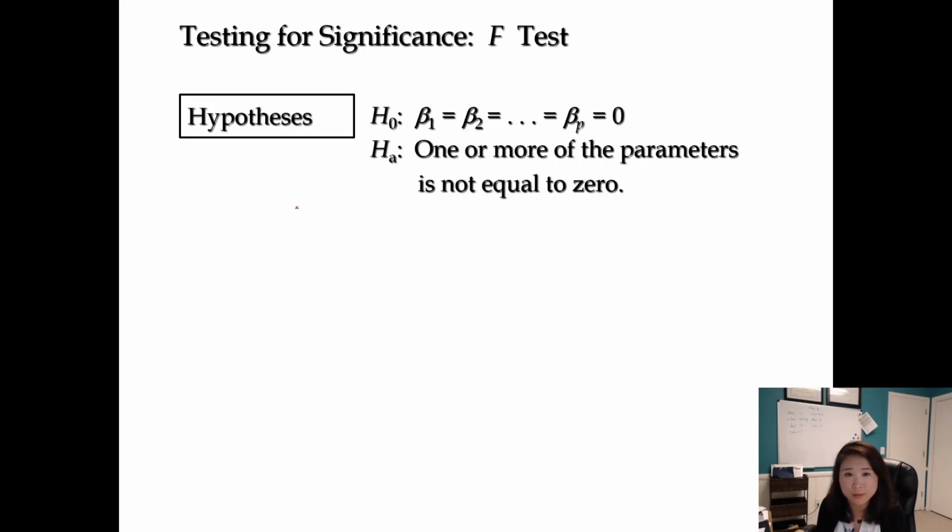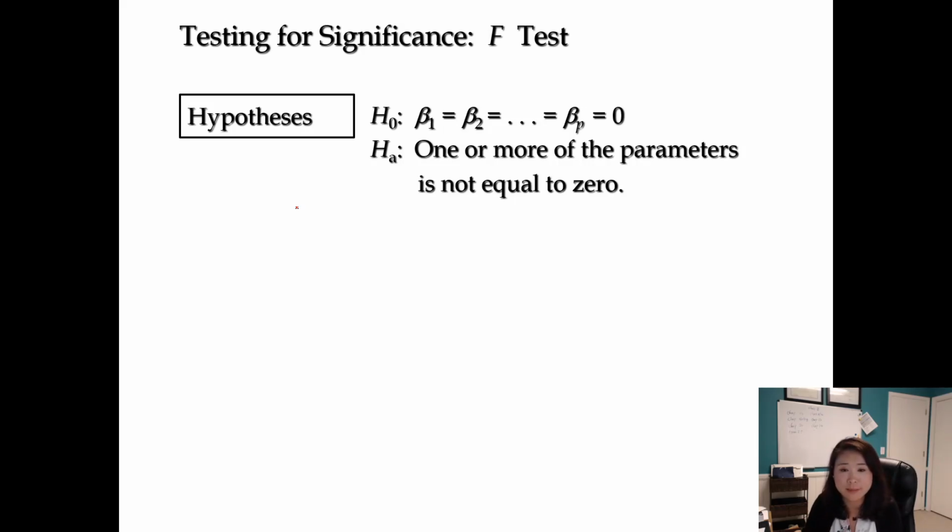Or beta 1 equal to 0 and beta 2 not equal to 0. So you have so many different scenarios, and you have to include all of them to construct your H alternative. You will end up wrong, because if you have more than 2 betas, you actually need so many different scenarios. So the simplest way is to write down this sentence: one or more of the parameters is not equal to 0. This is the best way to write down your H alternative.